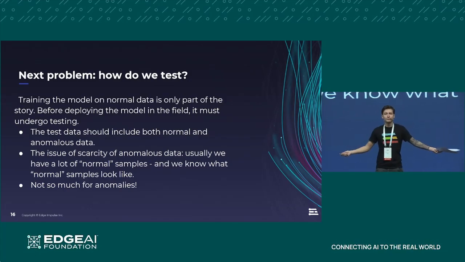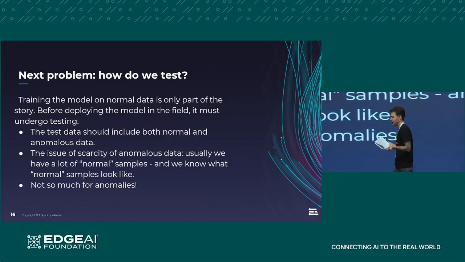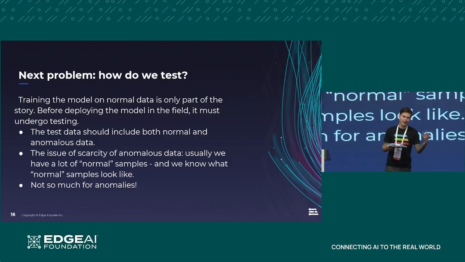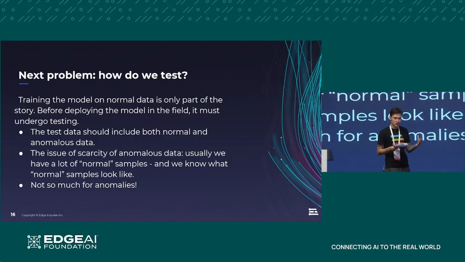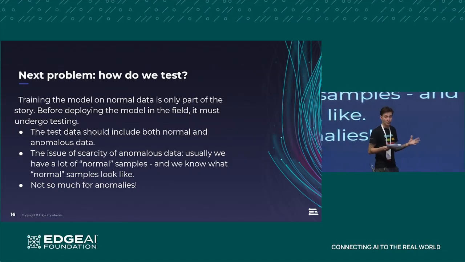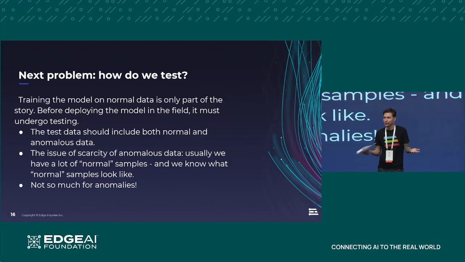If we apply it to visual anomaly detection, we have another problem, right? So we trained the visual anomaly detection model, but we have an issue of testing it. It all comes back to the data, right? Usually, you have a lot of regular, normal data because you know where your device is going to be operating.